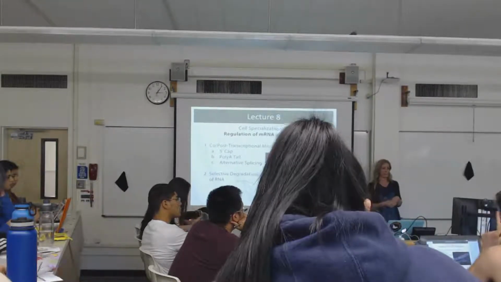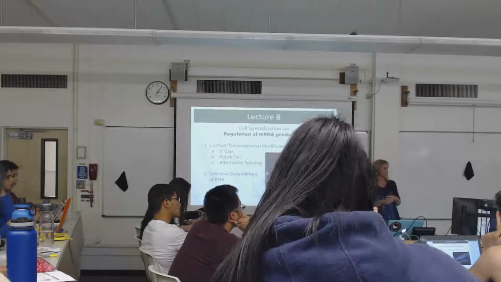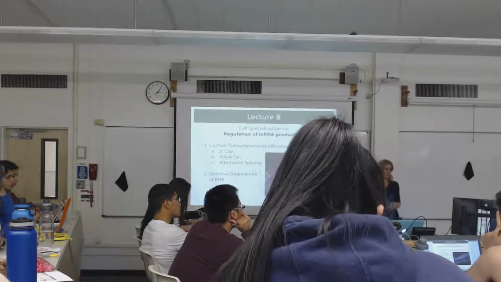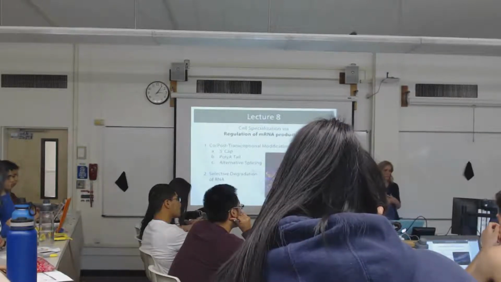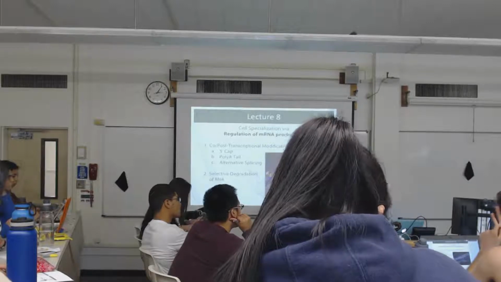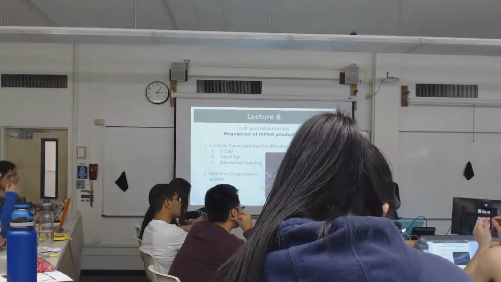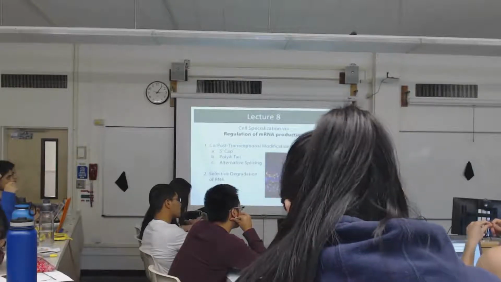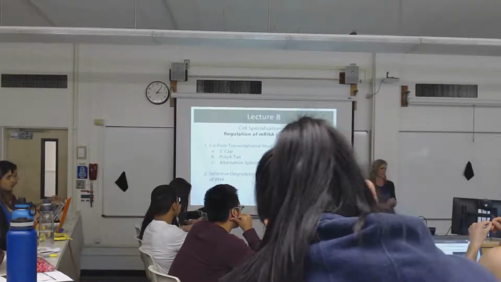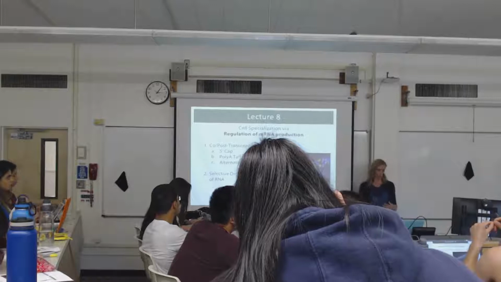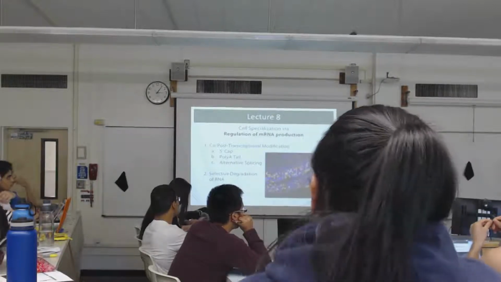They help in regulating translation. So they're important for a lot of reasons. We're going to talk about that in detail today, and talk a little bit about selective degradation of RNA. What happens with the RNA that isn't processed appropriately, or the RNAs we don't want? They are degraded, and we'll talk about that as well.